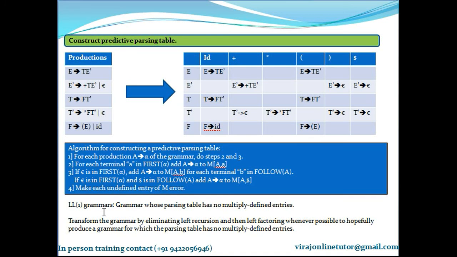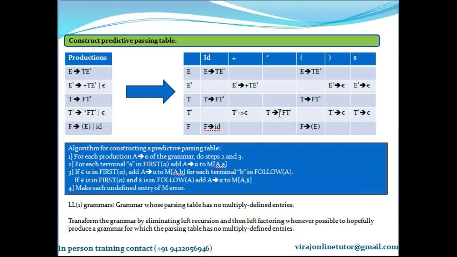That means in a particular cell you should not have more than one production. If you encounter two productions written in one cell, then it is not an LL1 grammar.